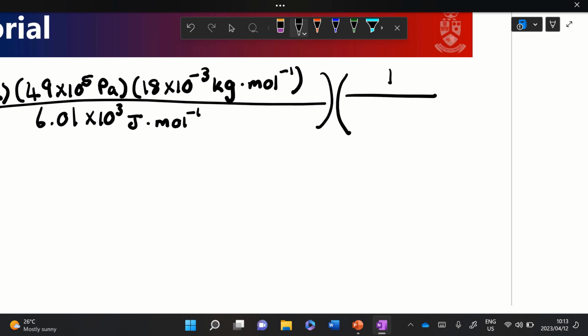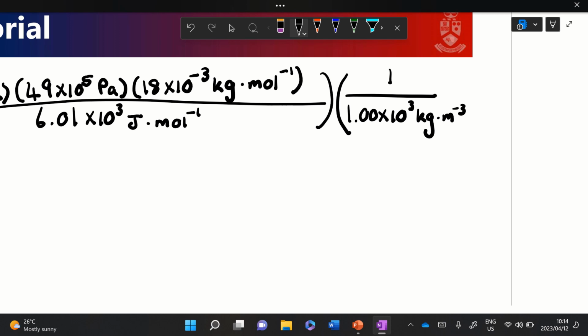So 1.00, because it's the liquid first, remember it's the liquid minus the solid, because we're working with fusion. If we worked with melting, then it would be the other way around. So 10.3 kilogram per cubic meter.